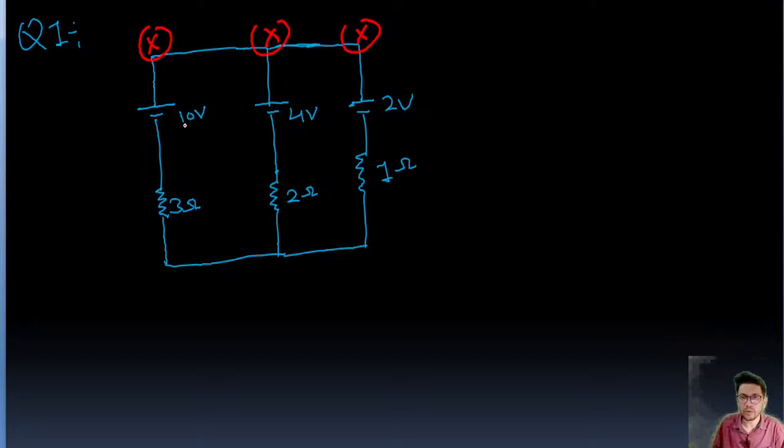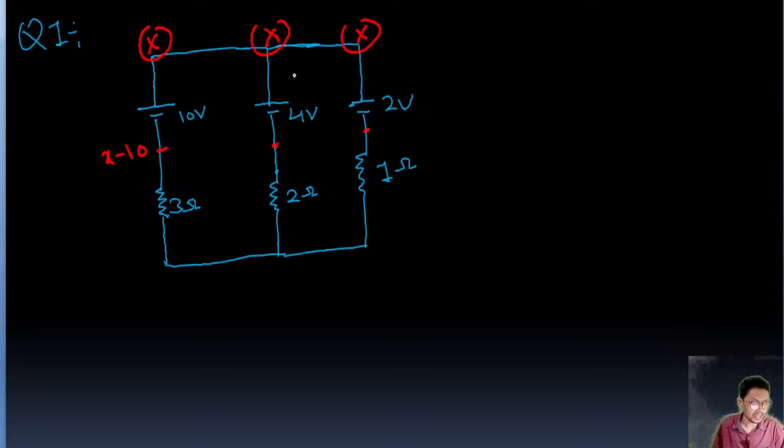Now we'll take the voltage here, here and here. For the 10 volt source, the voltage here should be x minus 10, because x minus (x minus 10) gives 10 volt.